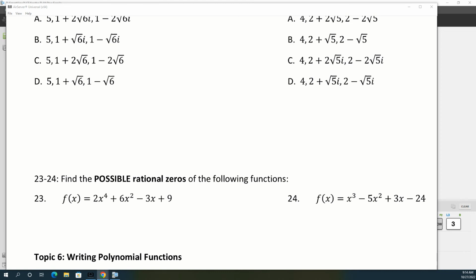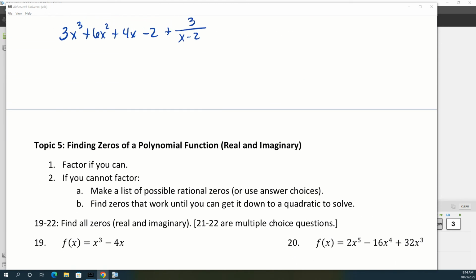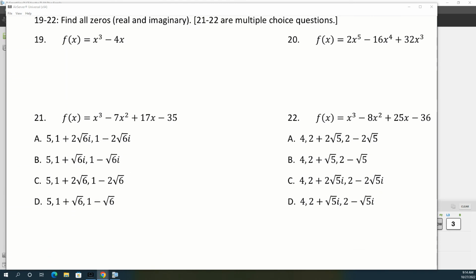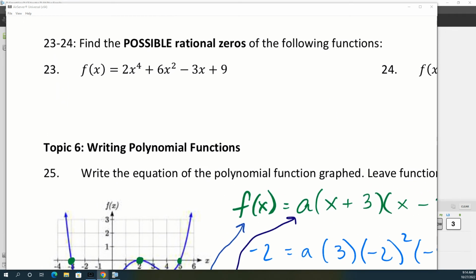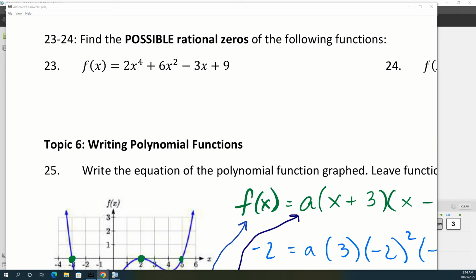Okay, let's look at, what number was it again? I'm sorry, 23. Okay. Possible rational zeros. The stuff is still on the wall. So this is the P's and the Q's. P is going to be the factors of the constant, which is going to be 9.